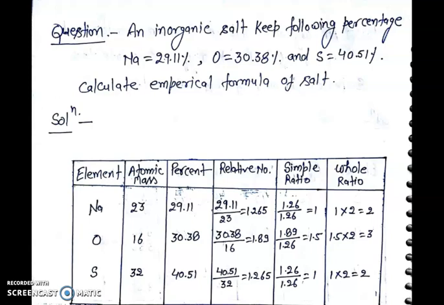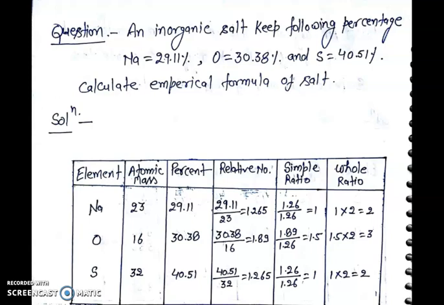The third element is sulfur, and the atomic mass of sulfur is equal to 32, and the percentage of sulfur given in the question is 40.51%. The relative number of sulfur is equal to the percentage of sulfur divided by its atomic mass.